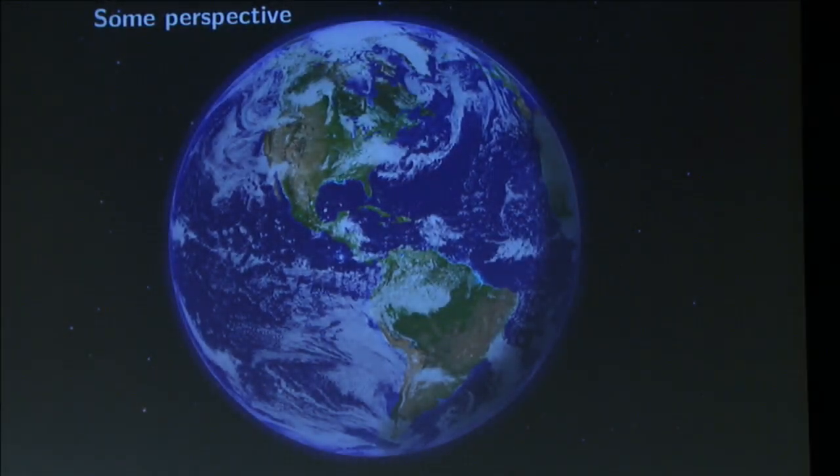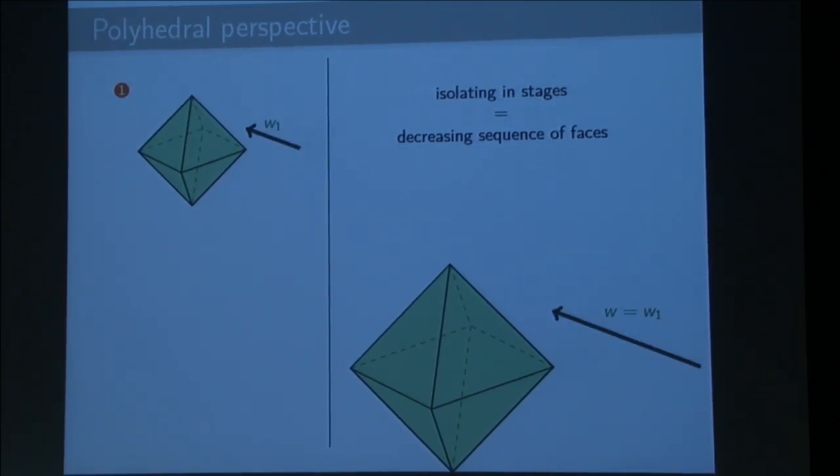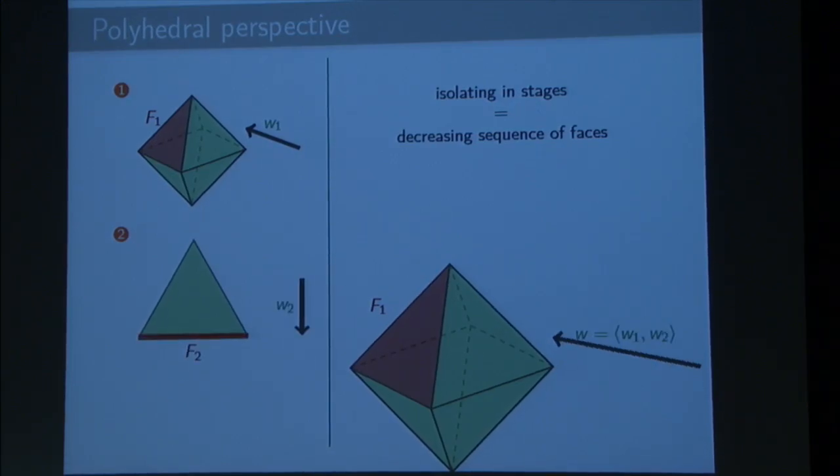Okay, so some perspective, what happened? We started off with all possible perfect matchings, so we had the convex hull of all perfect matchings. We selected the first weight function and minimized it. We ended up at some face F1. Then on that face, we selected a new weight function that we minimize.